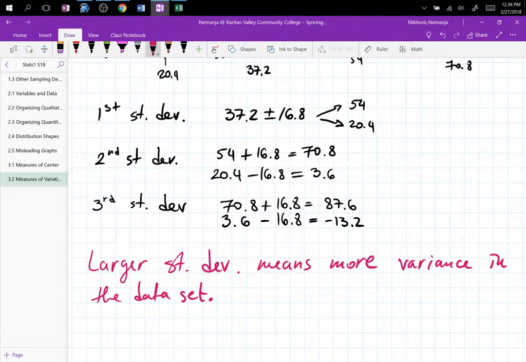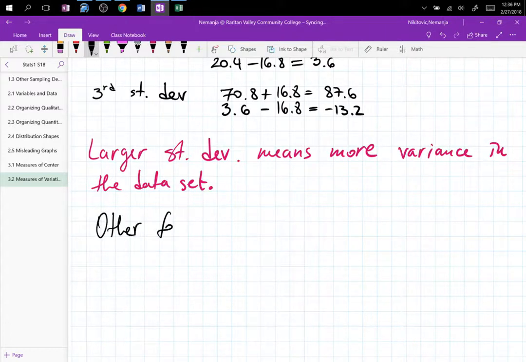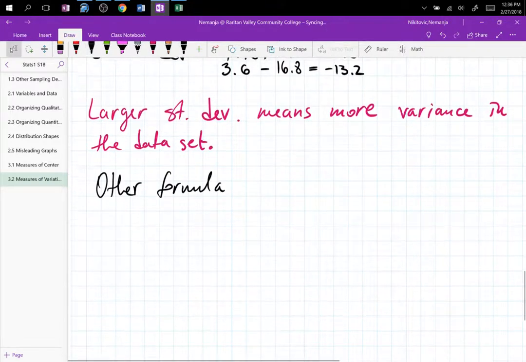Now, there is another formula that you guys could use. I'll just write here the other formula. And if you like the other formula better, go ahead.